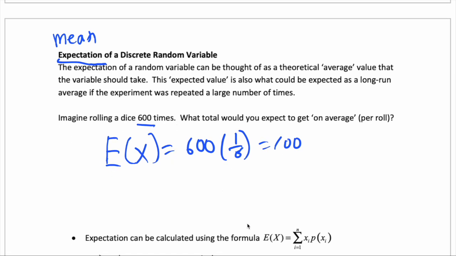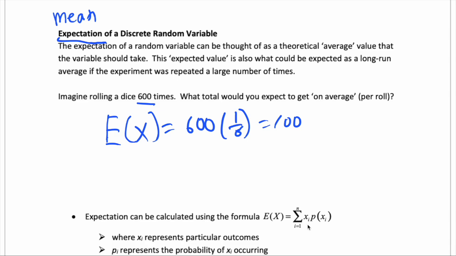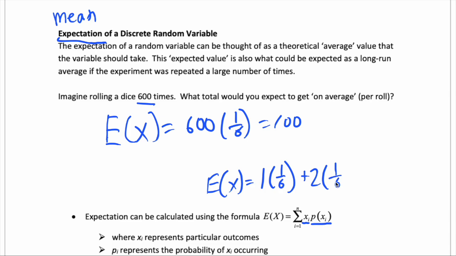But technically, we use this formula here. This means you add up all the x values times the probability of x occurring. So the expected value for one dice roll would be 1 times 1/6 plus 2 times 1/6 plus 3 times 1/6, all the way up to 6 times 1/6, because those are the probabilities of each of those numbers occurring.